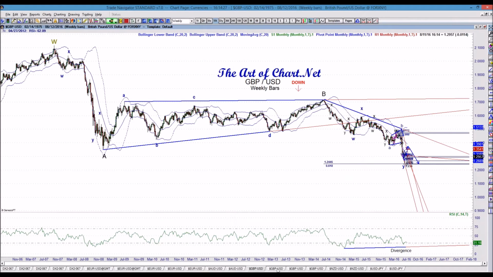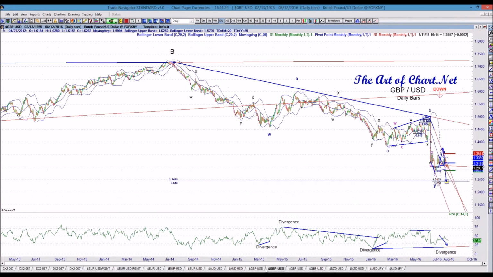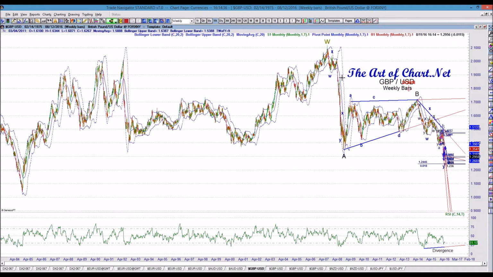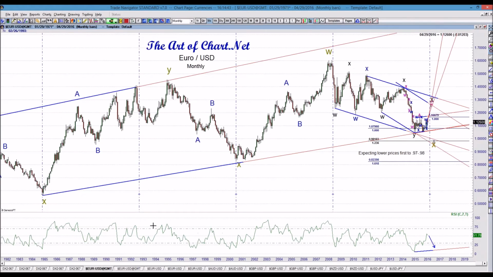I don't think I have the pound in a quarterly, do I? I wonder where that went. Currencies, when you look at them on a very, very long-term basis... I'm not going to be able to do this because I don't have my monthly pound chart. Let's see if I have it on the euro. Okay, I have it here on the euro.